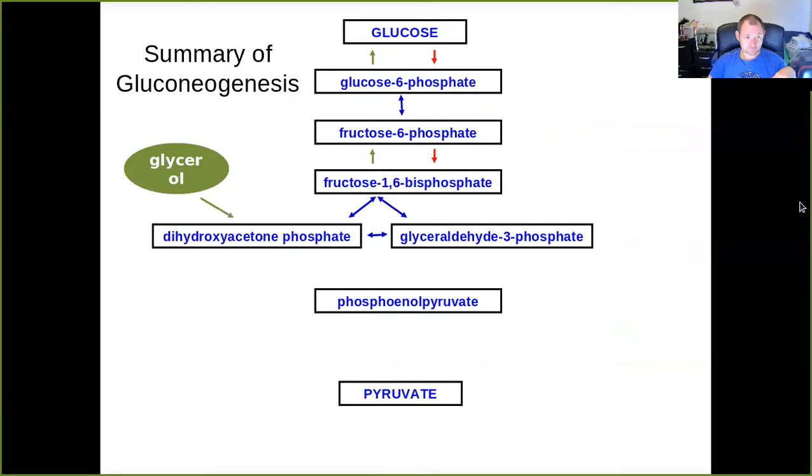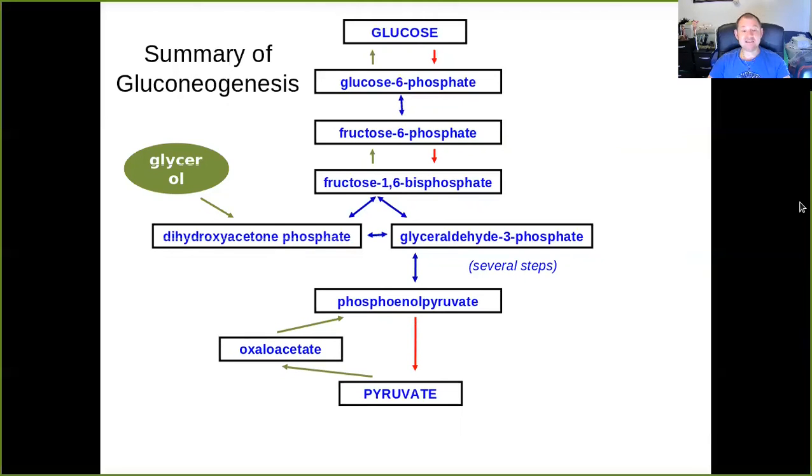Then here, several steps. Glyceraldehyde 3-phosphate to phosphoenolpyruvate can go again both ways. Oxaloacetate can go into phosphoenolpyruvate. Pyruvate can go into oxaloacetate.